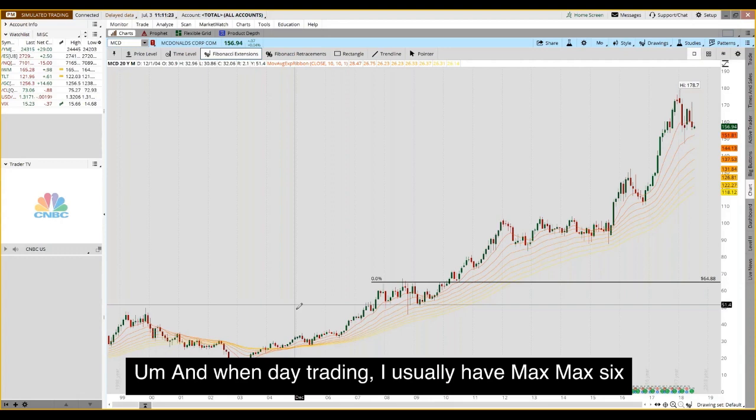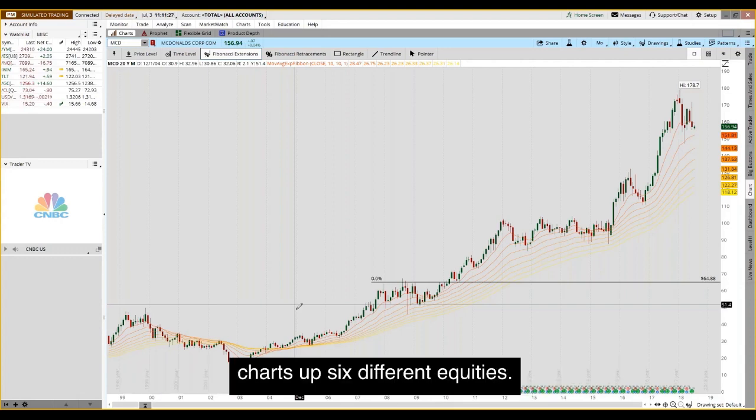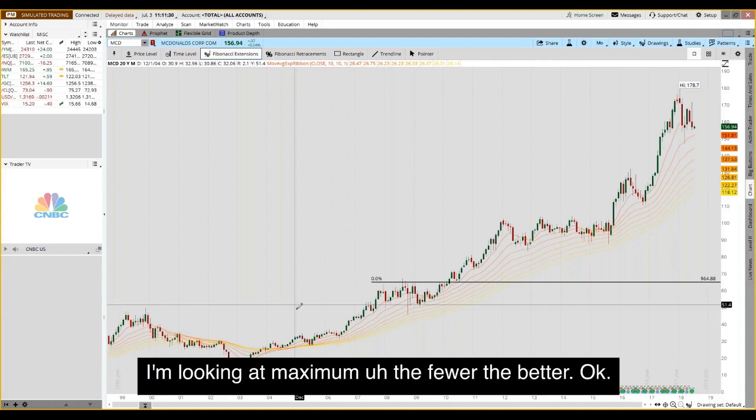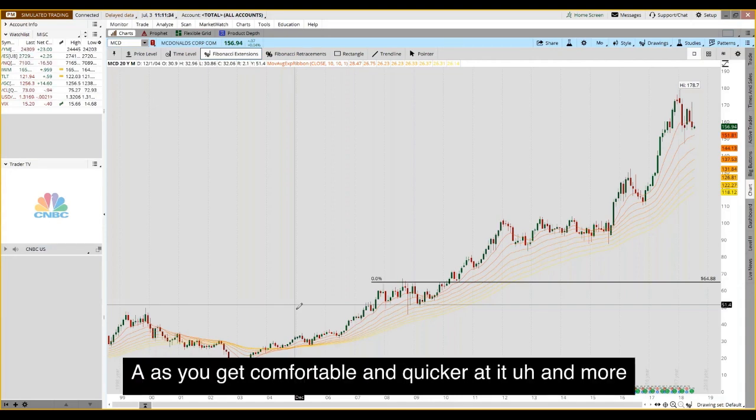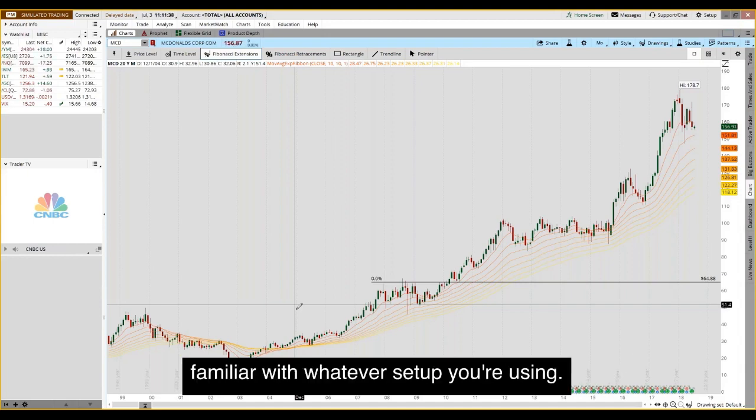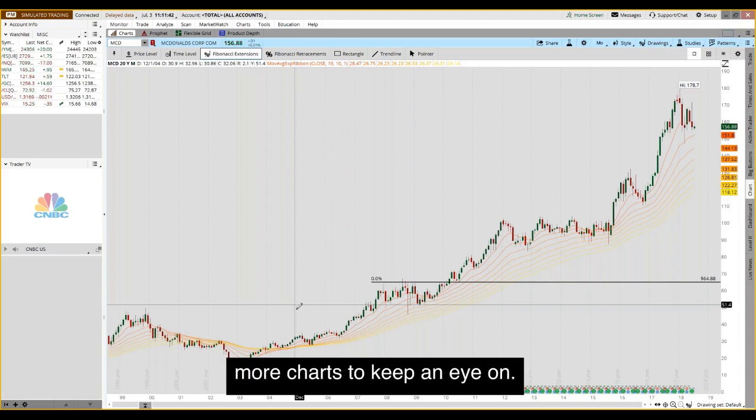And when day trading, I usually have max 6 charts up, 6 different equities I'm looking at maximum. The fewer, the better. Okay, as you get comfortable and quicker at it, and more familiar with whatever setup you're using, yeah, you can bring in more charts to keep an eye on.